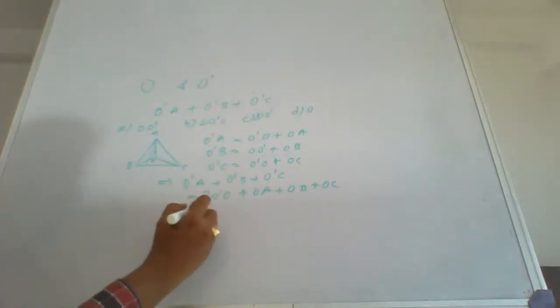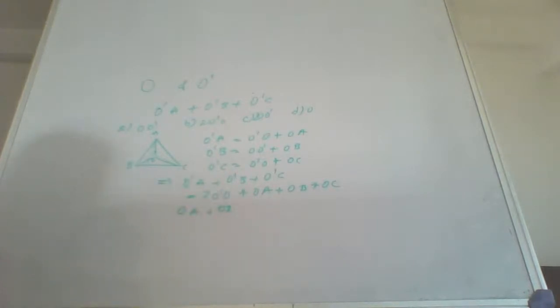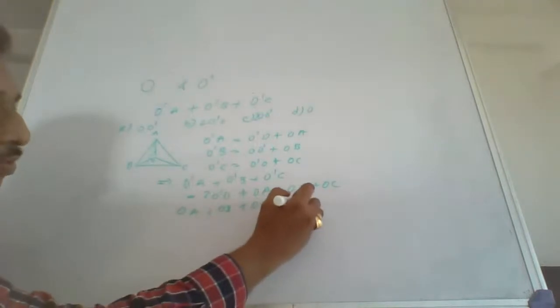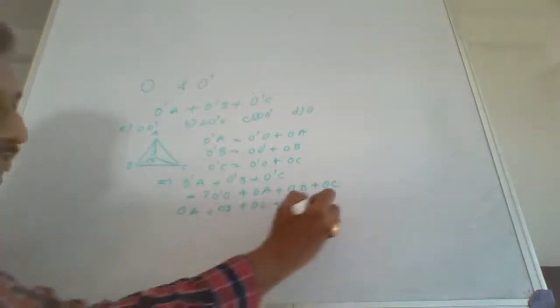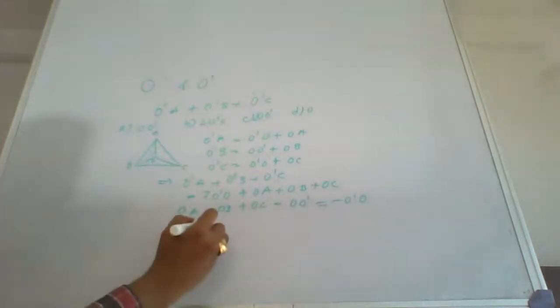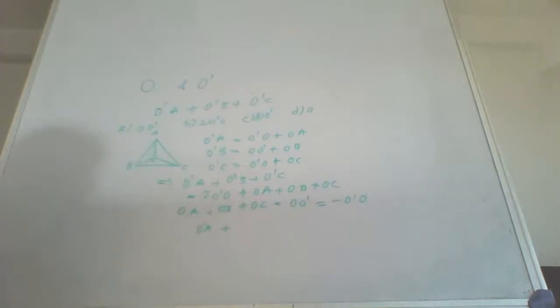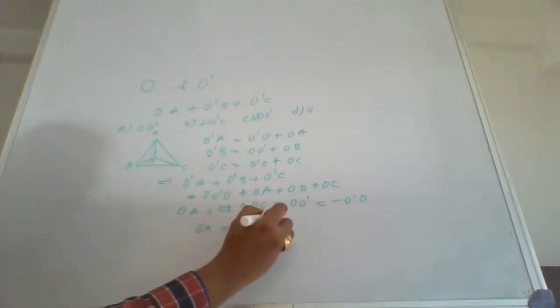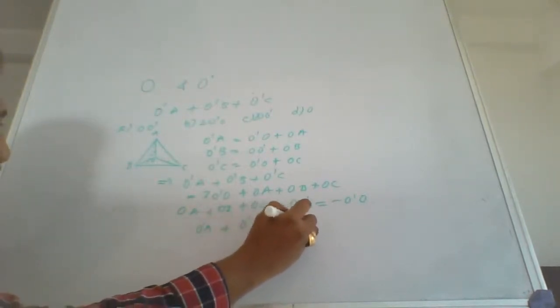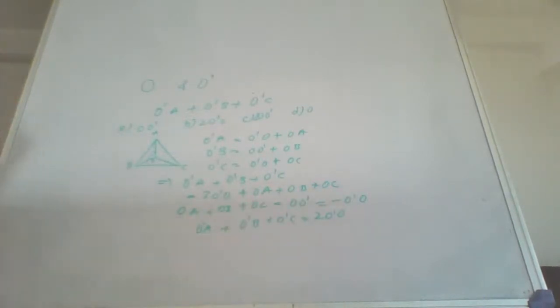OA plus OB plus OC is equal to O dash O minus... so O dash A plus O dash B plus O dash C is equal to 2 times O dash O. So that is the solution for this.